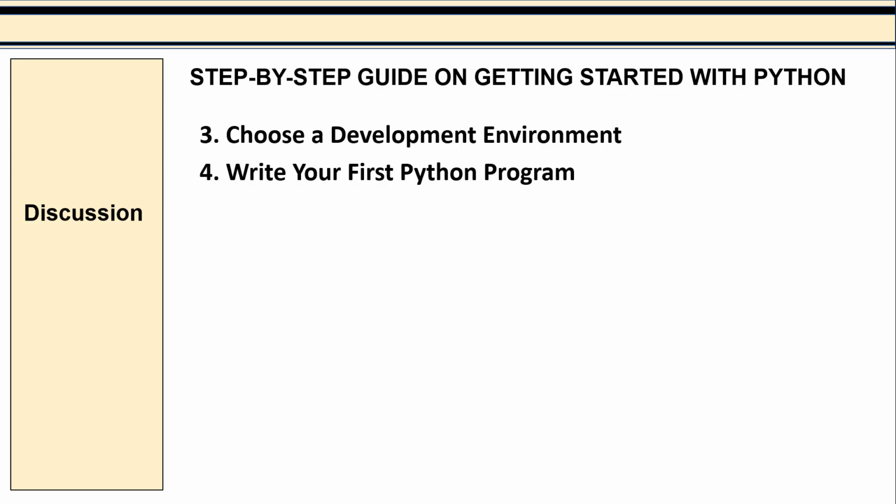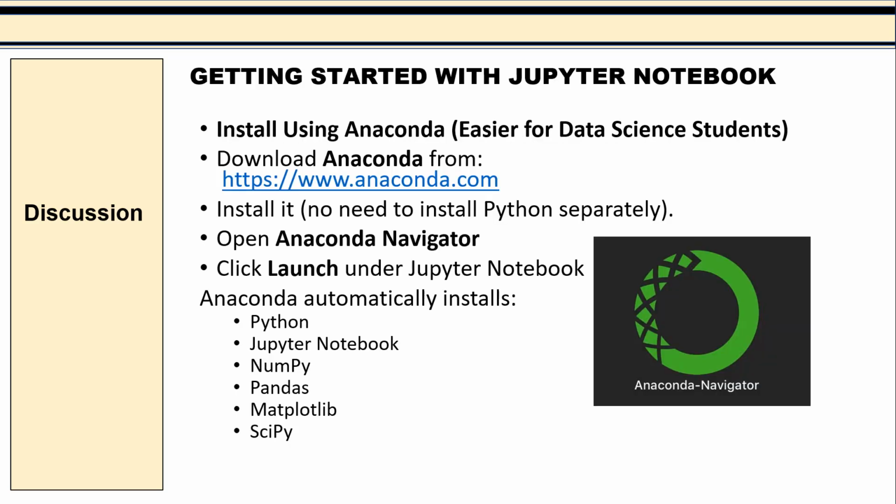In this video as well, I am going to guide you in getting started with the Jupyter Notebook. First is to install using Anaconda, because Anaconda is easier for data science students. Where can we download that?